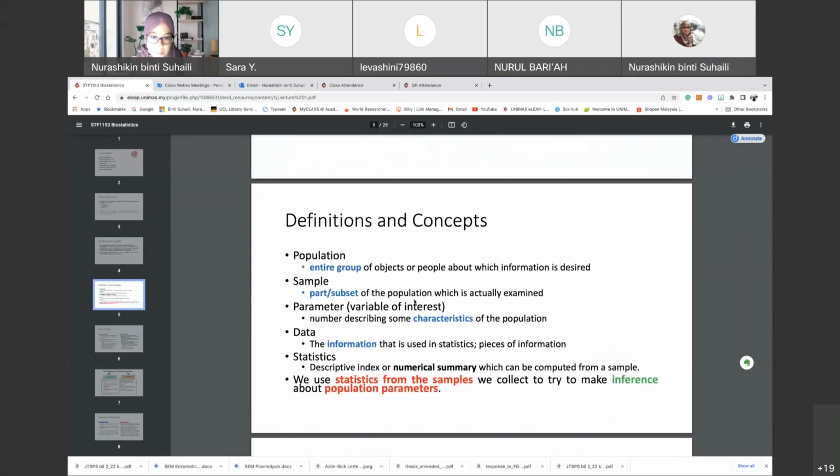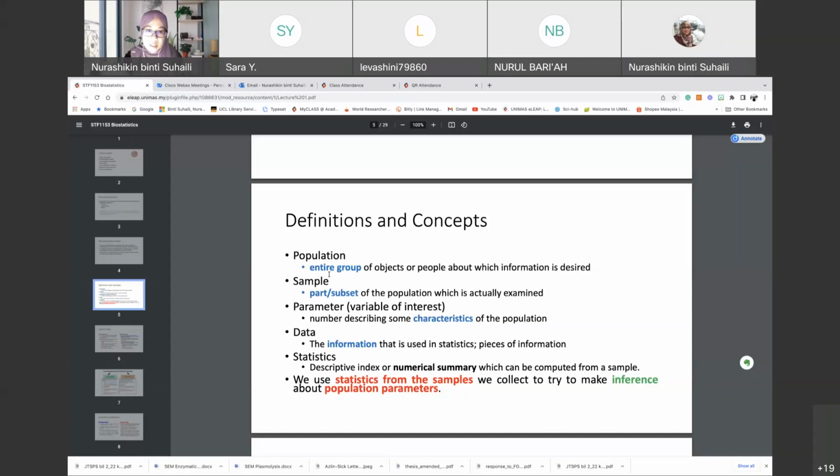So you have to familiarize yourselves with a few terms that we will refer to frequently after this. For example, population, sample, parameter, data, statistics. Population means it covers a bigger coverage of data, or data sets consisting of samples inside it.